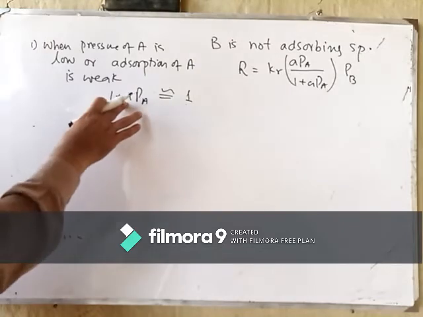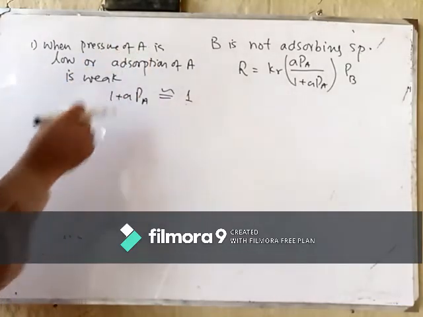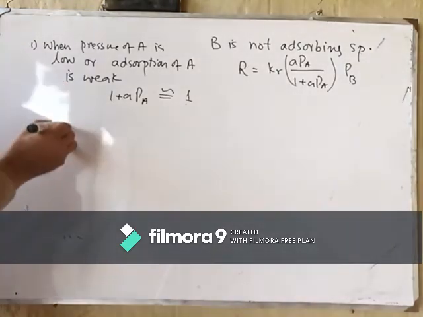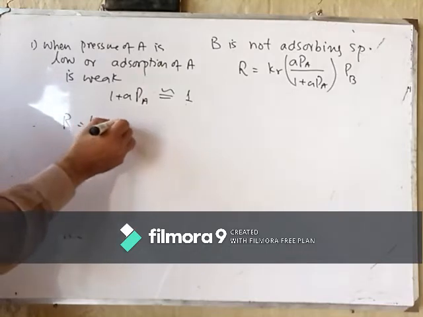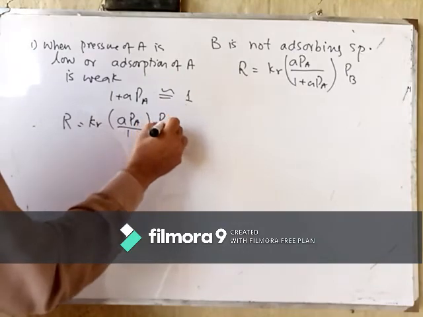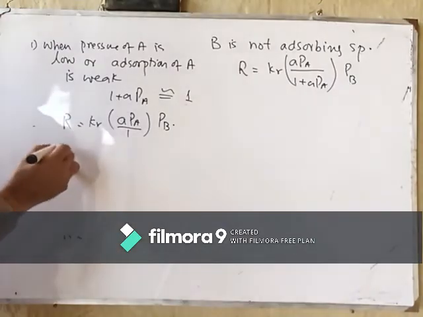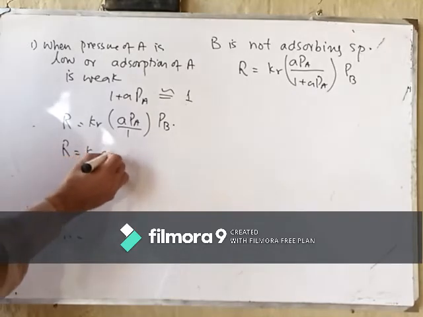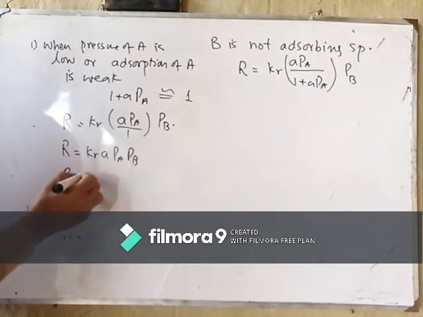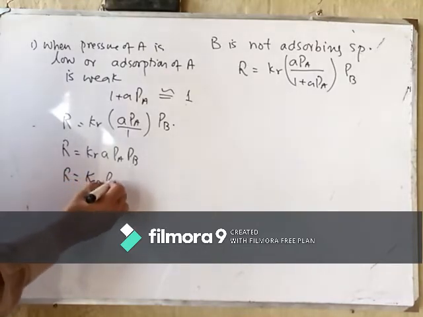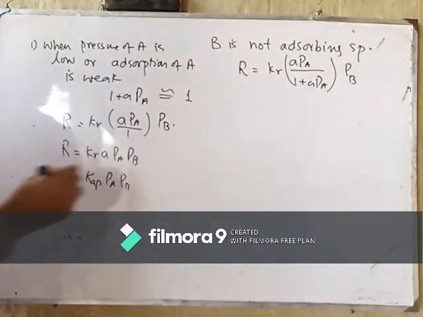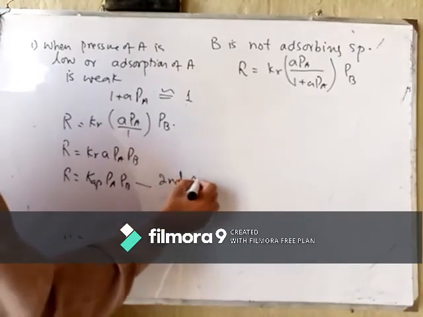So we ignore A PA in comparison to 1 in the denominator. So we get the rate expression KR A PA divided by 1, times P of B. So R is equal to K apparent, P of A and P of B. So this is a second order equation.